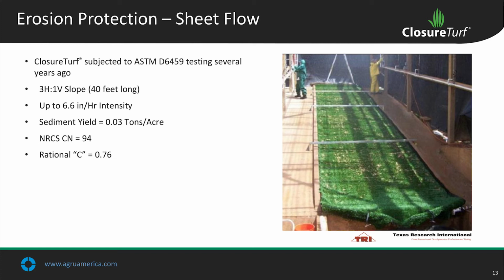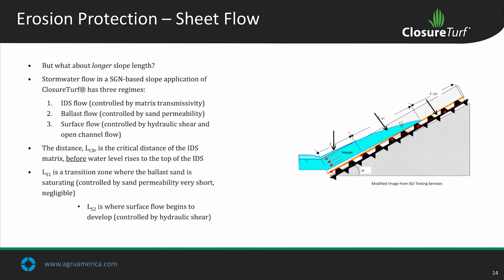G-flow. ClosureTurf was subjected to ASTM D6459 testing several years ago in response to, well, how's it work in rain? It was tested on a 3-to-1 slope, 40 feet long, up to 6.6 inches per hour of simulated rainfall intensity, with a sediment yield of only 0.03 tons per acre, much less than the standard 2 tons per acre.